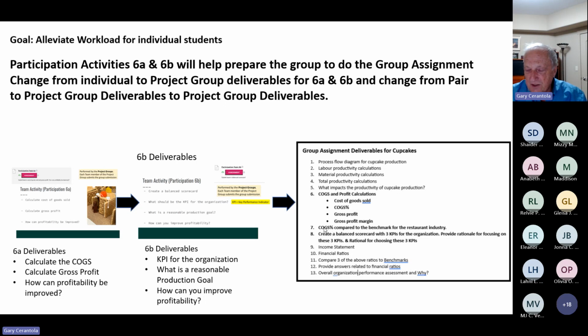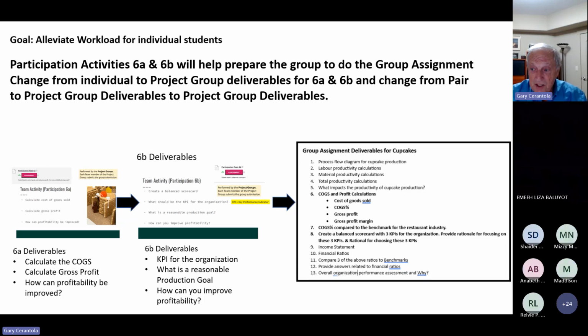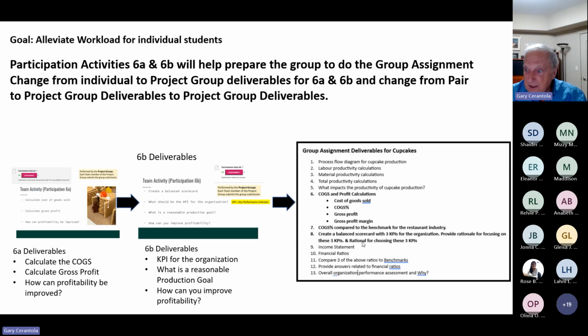And you have to understand cost of goods sold percentage, and that's why the video is so important, to understand where she got this from, and then create a balanced scorecard, which you'll have done in 6B.